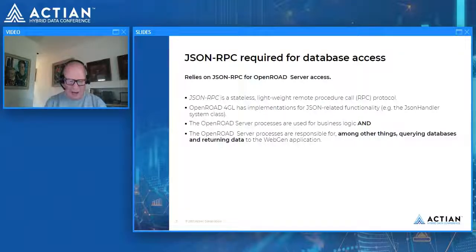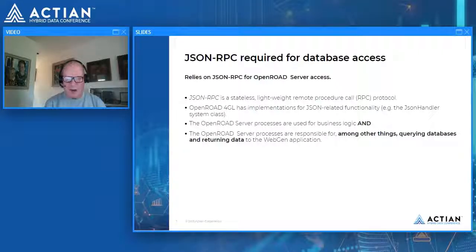The Json handler has a function call that allows you to send RPC requests to an OpenROAD server. In that RPC request, you pass parameters, in JSON format, to the function in the server that's going to be called, and what gets returned to the RPC request is a result.